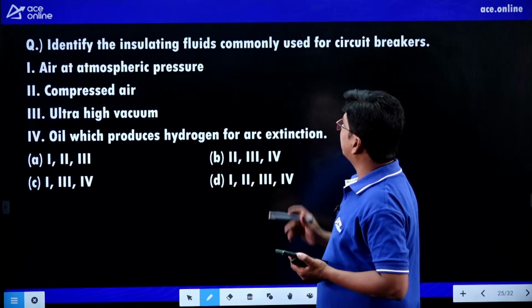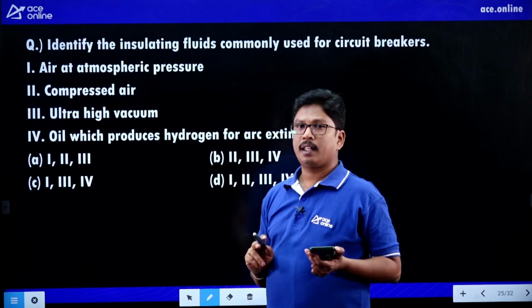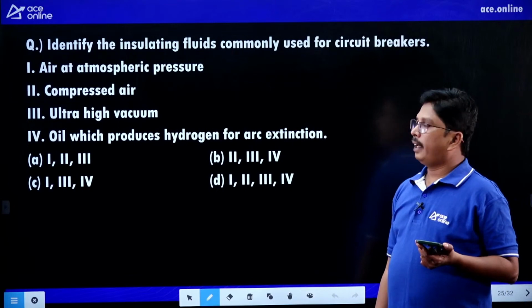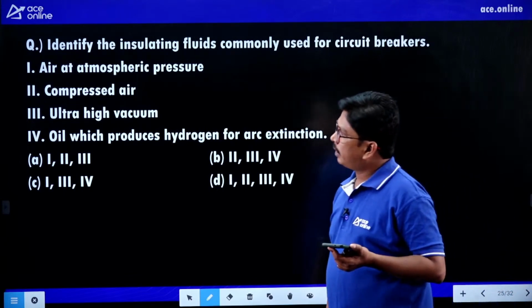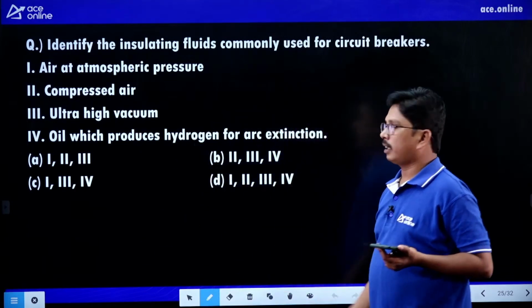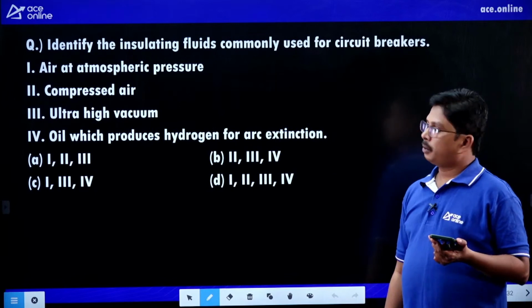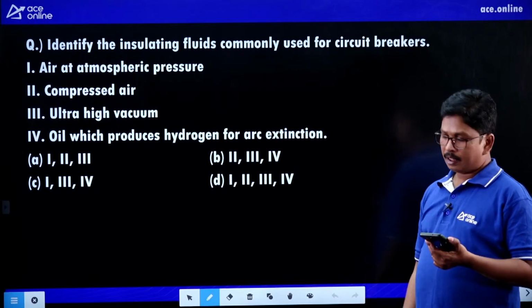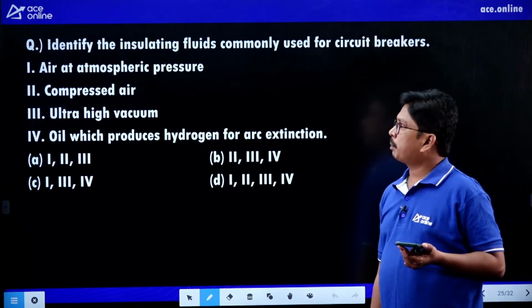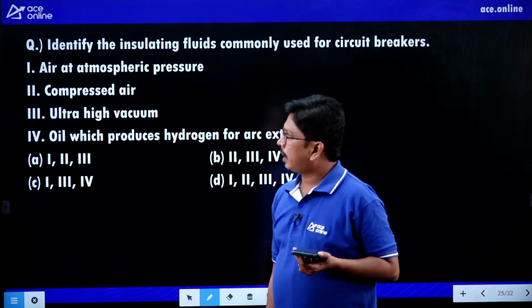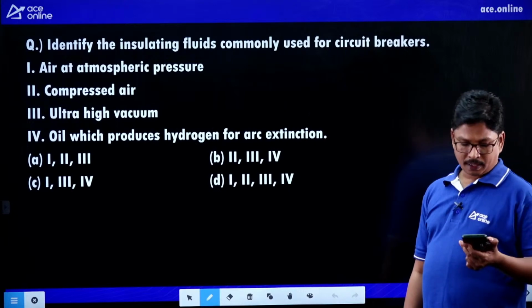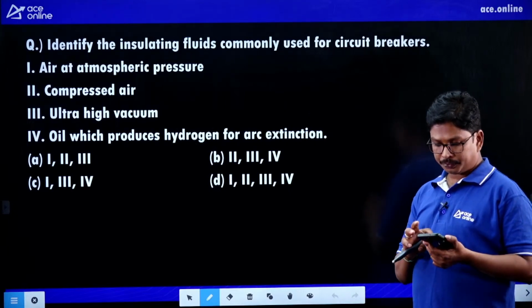Identify the insulating fluids commonly used for circuit breakers. Air at atmospheric pressure and compressed air, ultra high vacuum, oil which produces hydrogen for arc extinction.